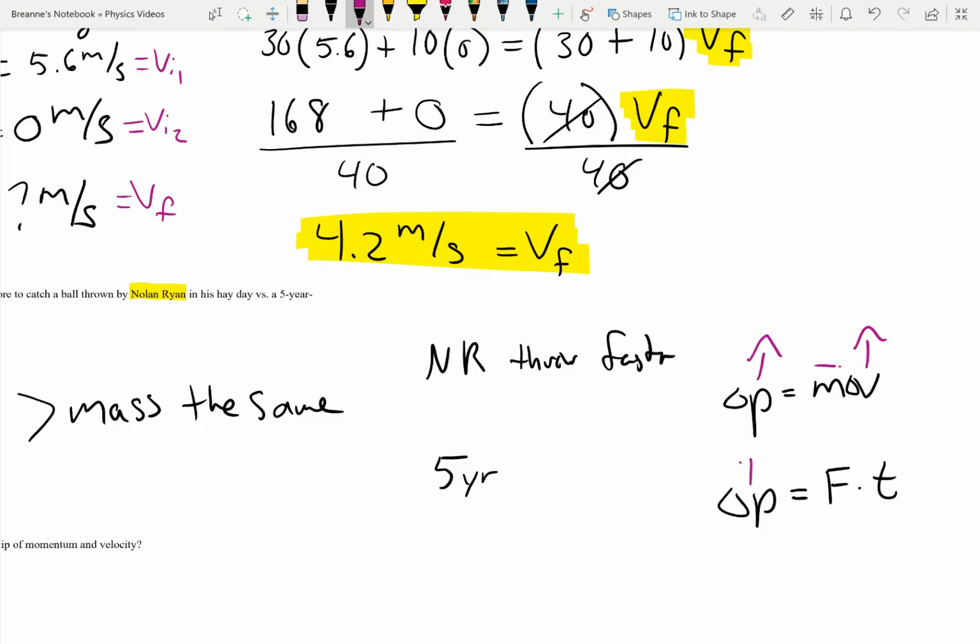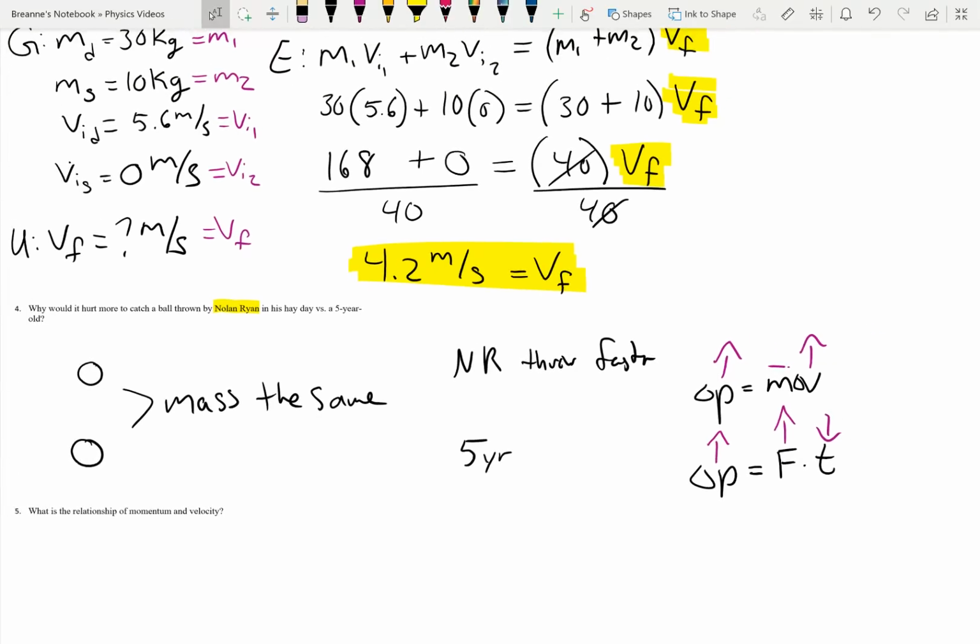If you're increasing that momentum, you're also increasing the force. Another way to think about it is who's going to be able to throw faster, and so that's decreasing that time. So you're getting more force. It's just because the change in momentum is greater. So that's the big answer there.